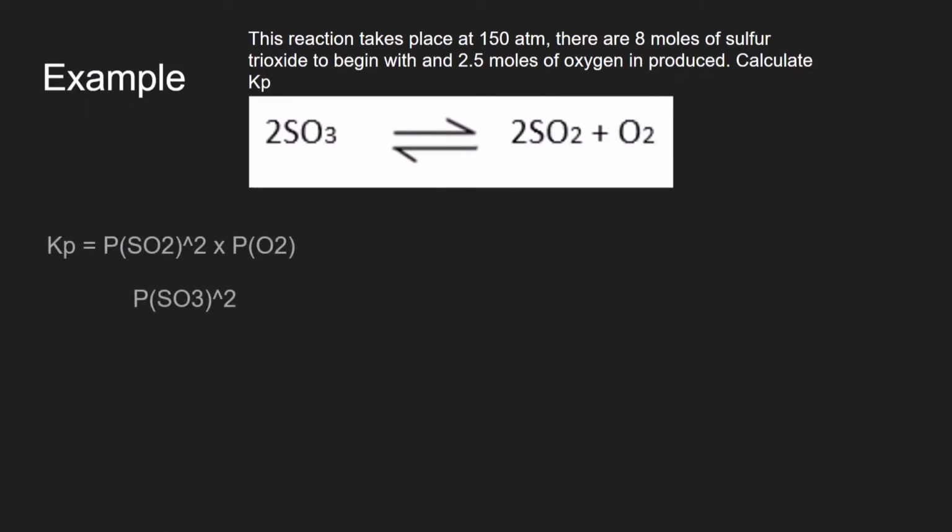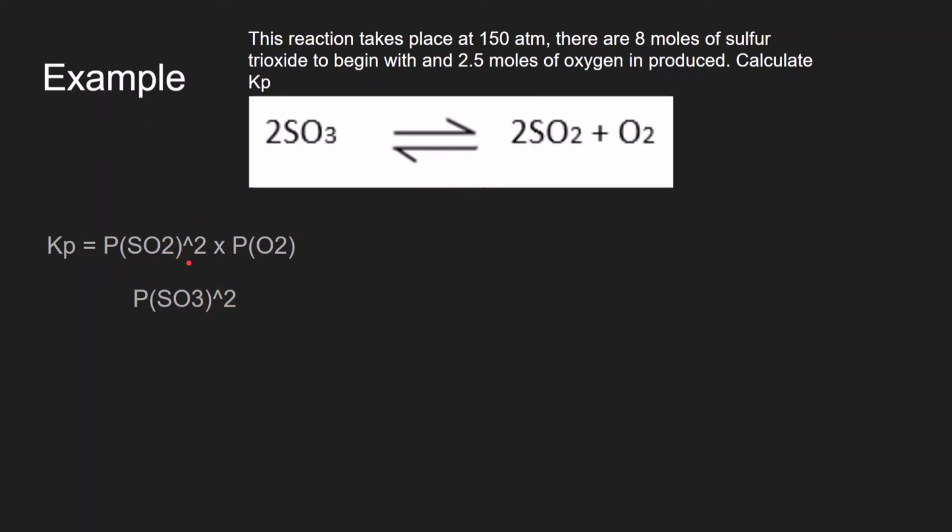So we have here the pressure of the products over the pressure of the reactants. And you can see here that when the compound had a 2 in front of the compound, we have squared them.